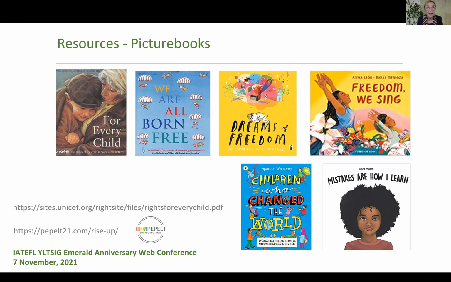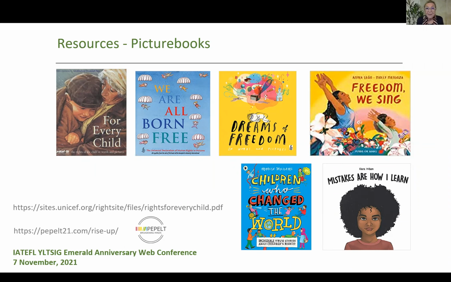Again, it's illustrated by internationally renowned artists, including Axel Scheffler, Peter Sis, Satoshi Kitamura, Alan Lee, Polly Dunbar, Jackie Morris, Chris Riddell, and many more. And the Universal Declaration of Human Rights was signed on the 10th of December 1948. It was compiled after World War II to declare and protect the rights of all people from all countries.